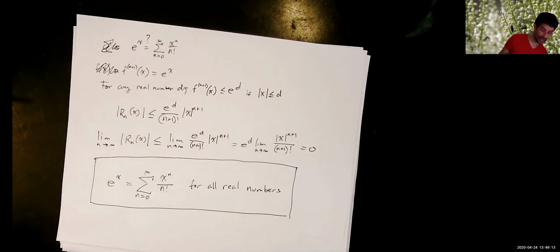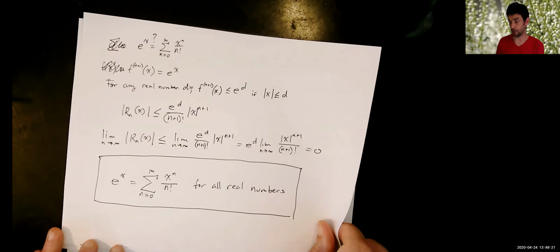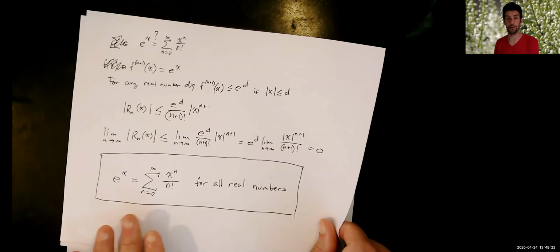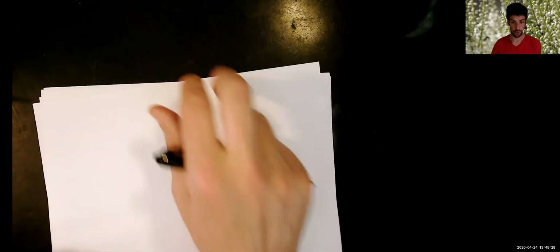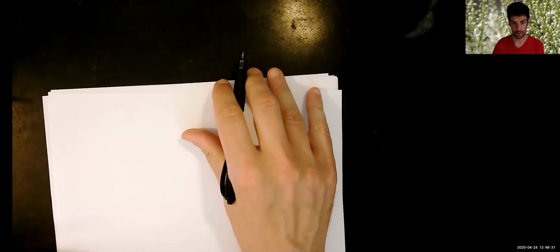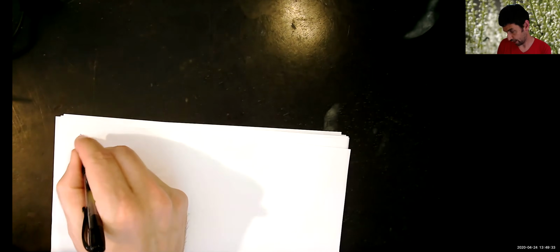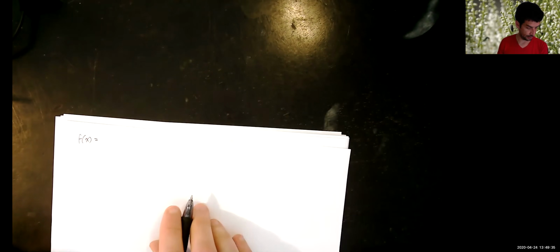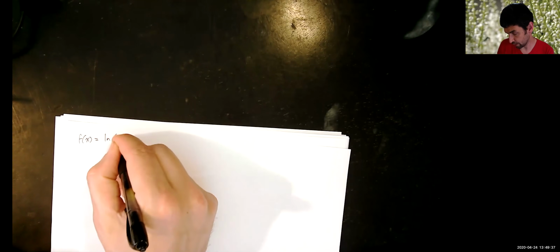So with that in mind, let's do 2 examples to finish this off, where all we're going to do is compute the Taylor series, not worry about proving that it has to exist. Okay, so let's look at the function f of x equals the natural log of 1 minus x.